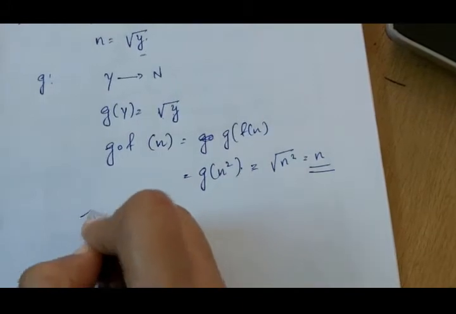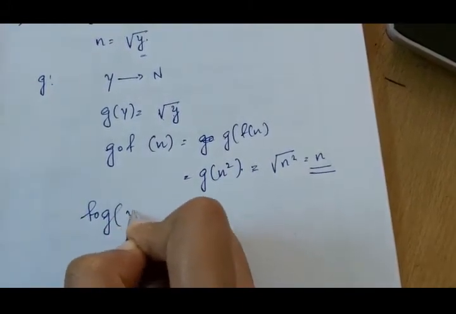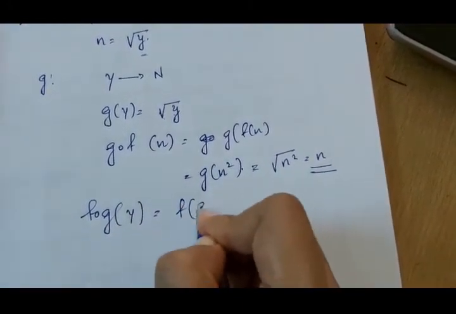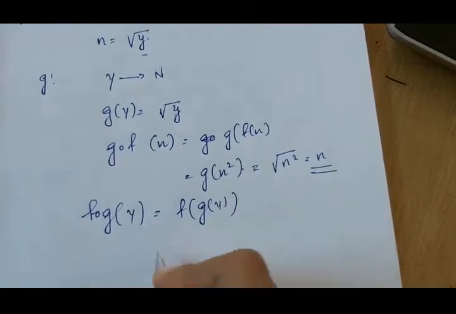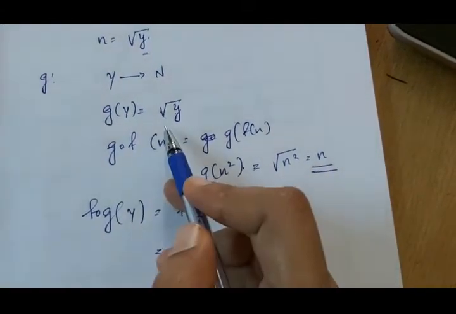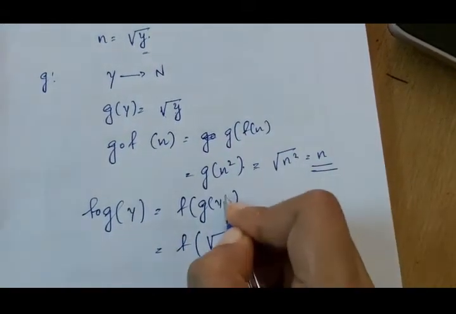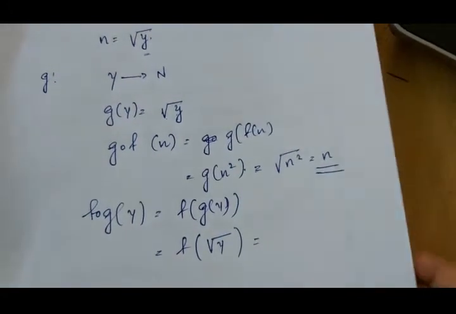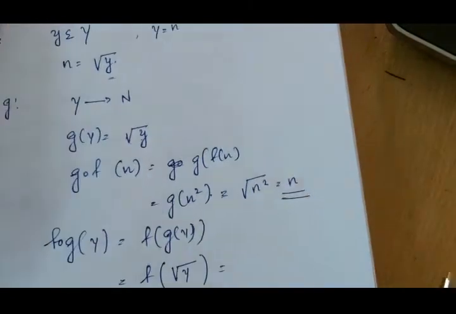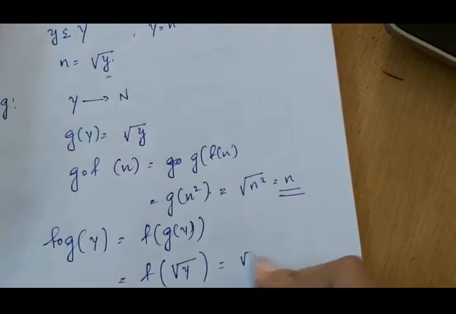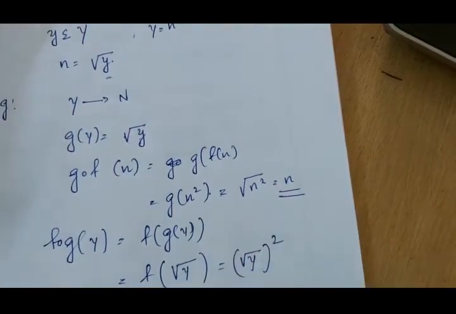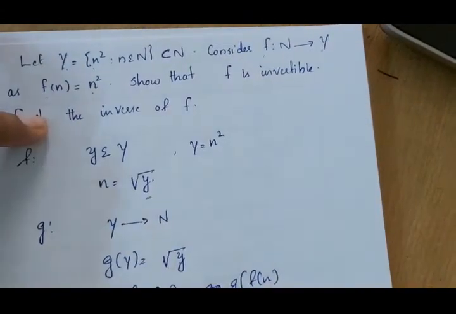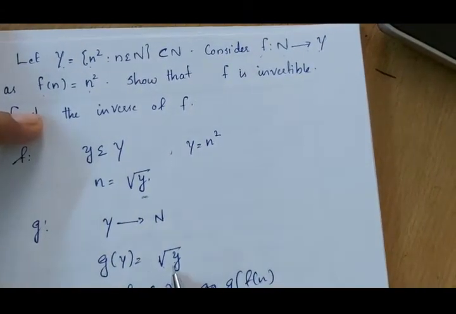And what is f composition g of y? F of g of y is equal to root y, whole square. F of x is equal to x square, and g of y is equal to root y.